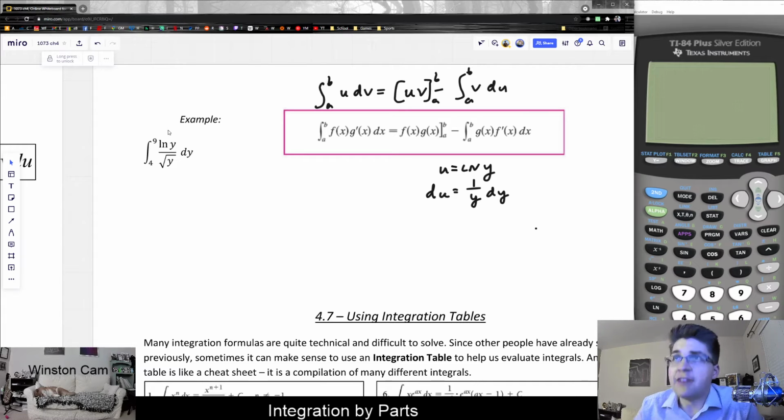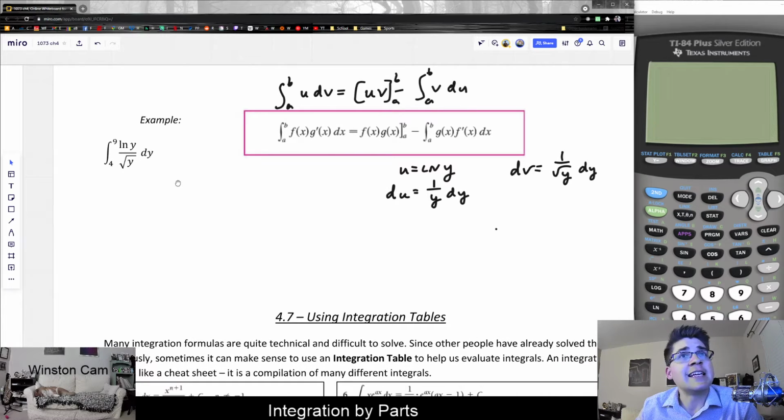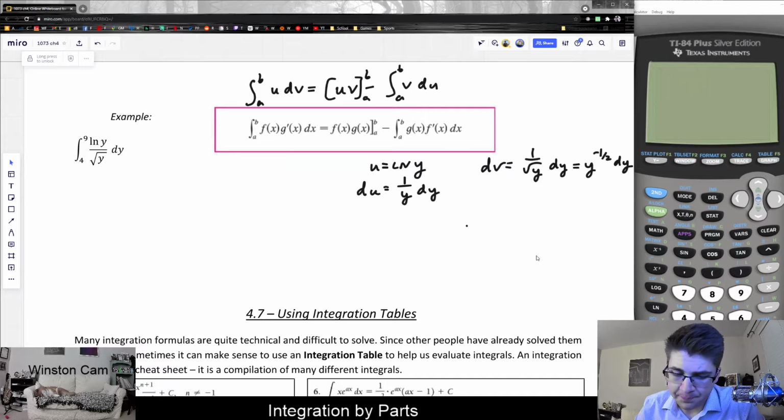And then if ln y is our choice for u, then dv would have to be everything else in the integral. So that would leave us with 1 over the square root of y dy. We could write that as y to the minus 1/2 power, to make it easier to integrate, because I always need to integrate dv to solve for v.